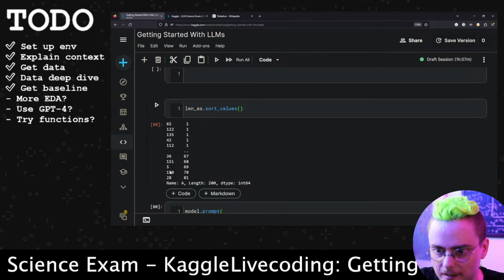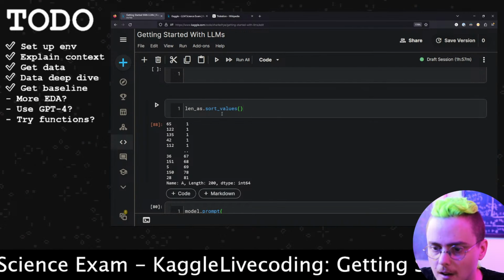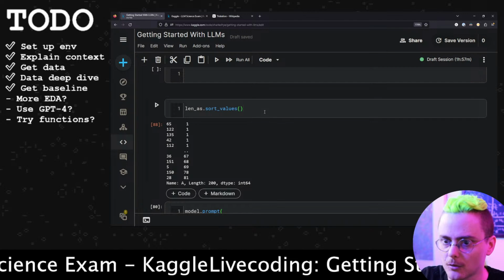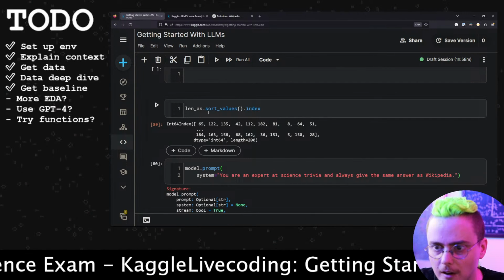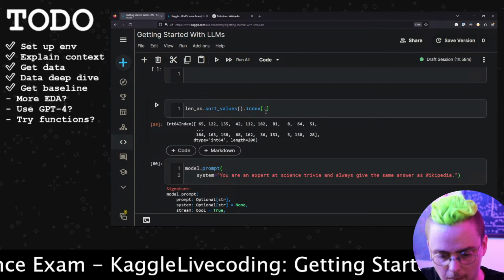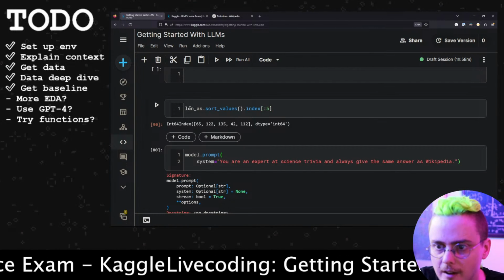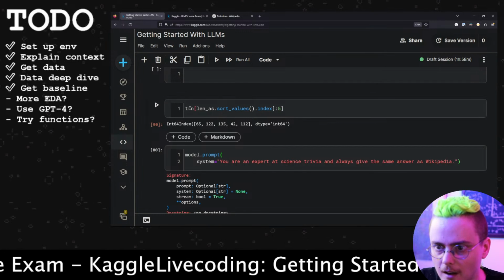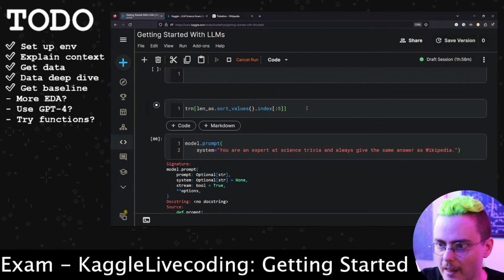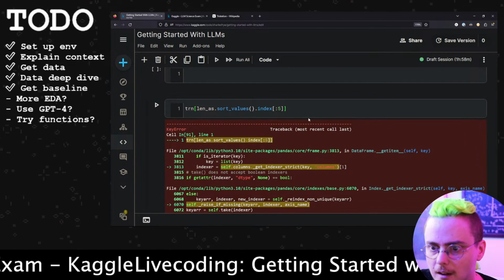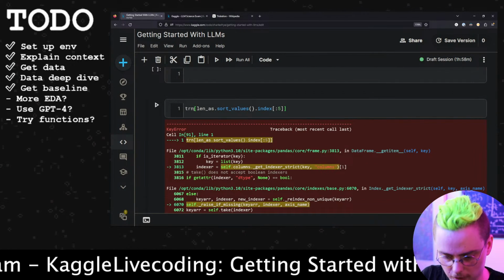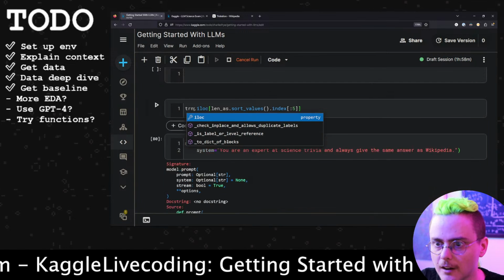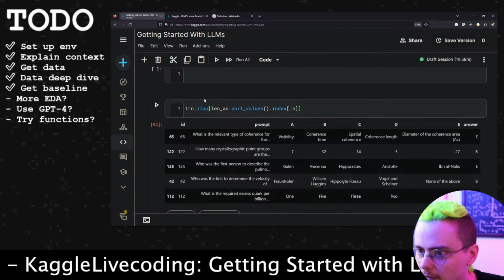Their indexes are there on the left. So len A's dot sort values dot index. That's our index here. Let's grab the first 5 of them and let's check. I think you can just pop that in there in pandas. No? Oh, right. We want to index locate stuff, not regular locate stuff.